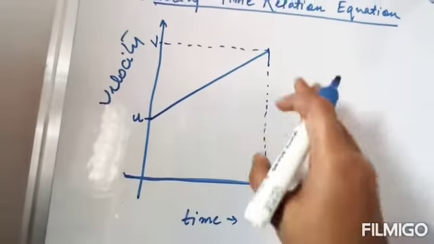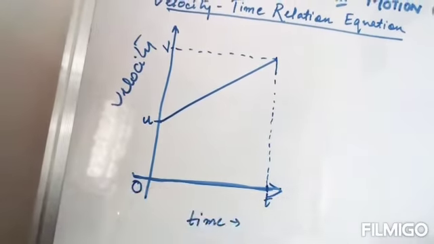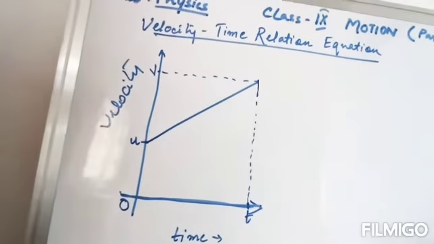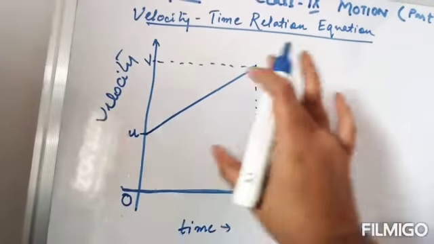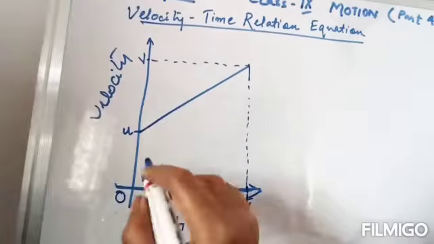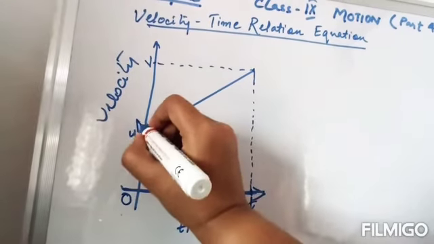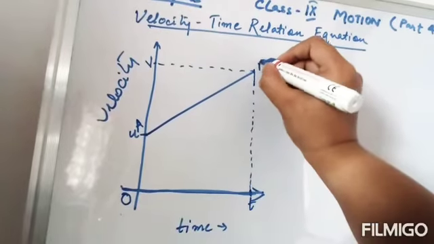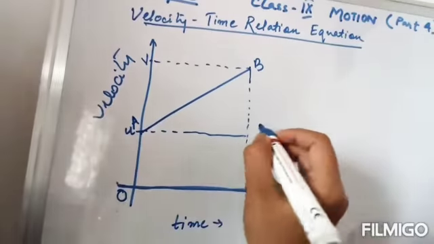From here you can see that if this is position O, we can get one geometrical figure out of this graph. So let us name it. Let this be O, this be A, this be B. Let us join this also.